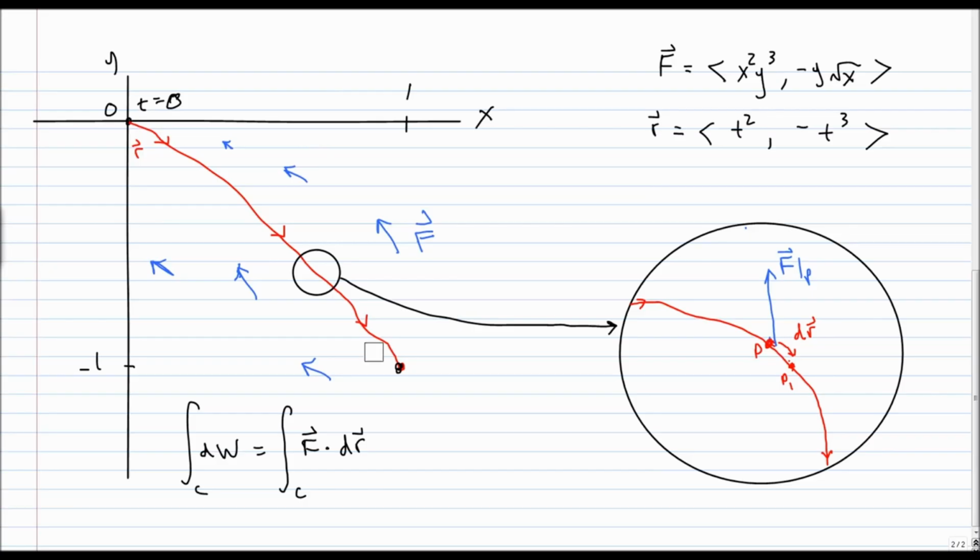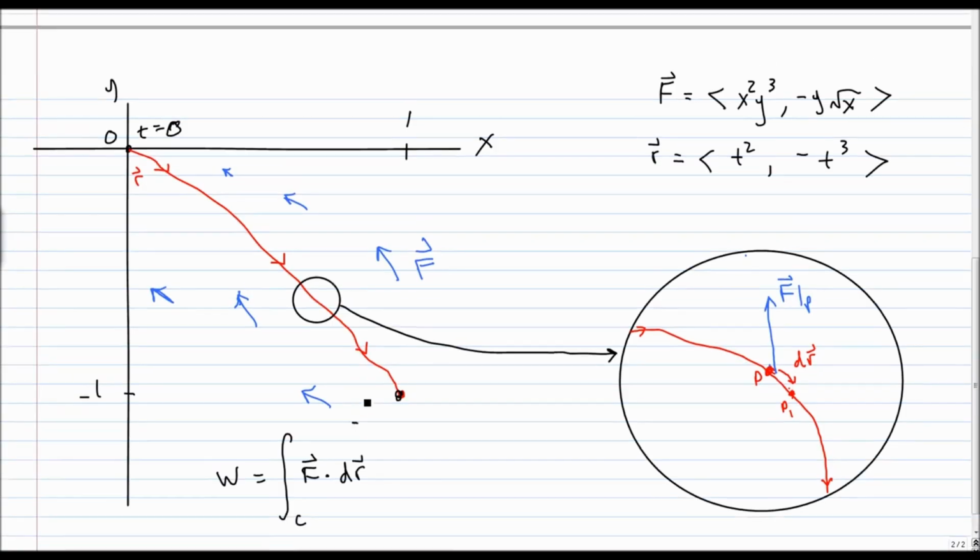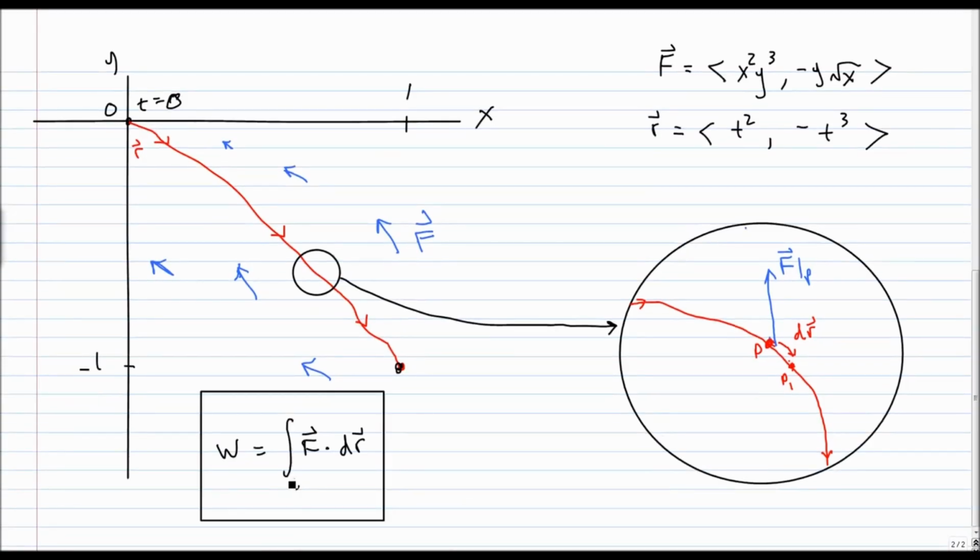Well, when we integrate this differential here, we just get the work, and so this is our definition of work. Okay, well, this C here denotes that it's along this curve, C, the curve that this position vector traces out.